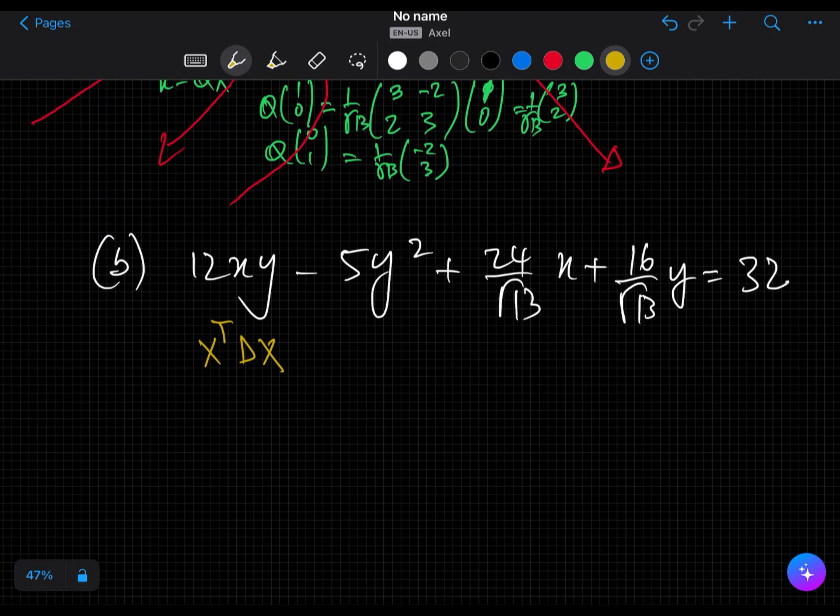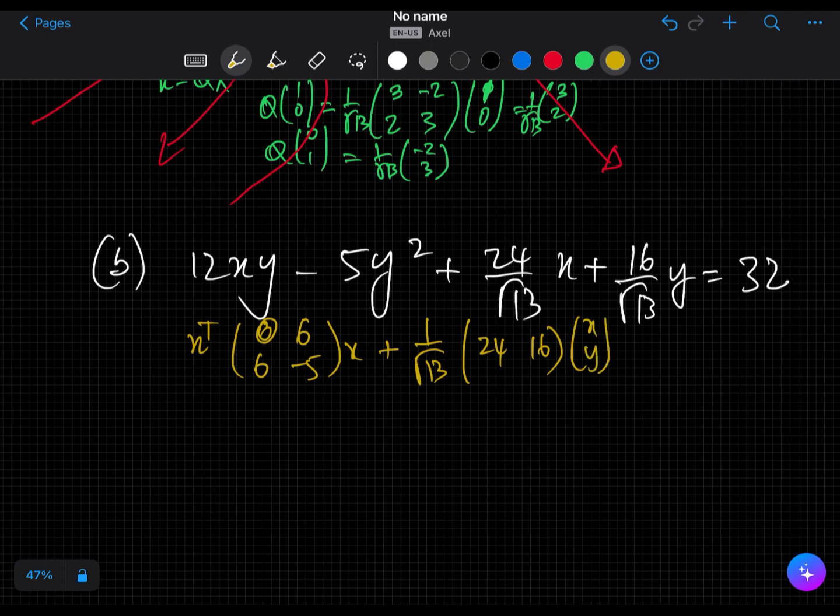Okay, if you want, let me rewrite how the system will look. It will look like this: 0, 6, 6, minus 5, x plus 1 over square root 13 of 24, 16, x, y equals 32, right? And if you do all the simplification that we did before, you will come to this equation here.